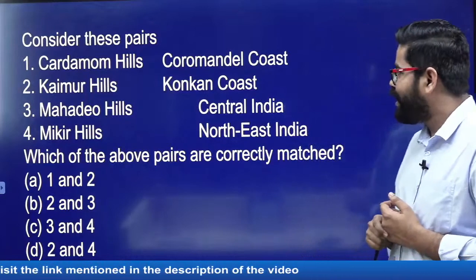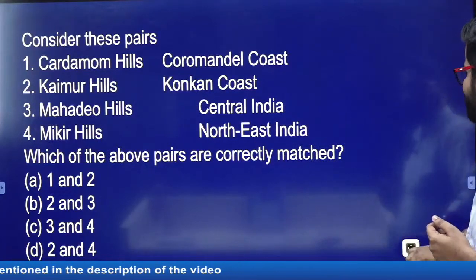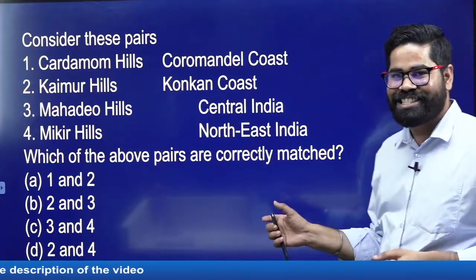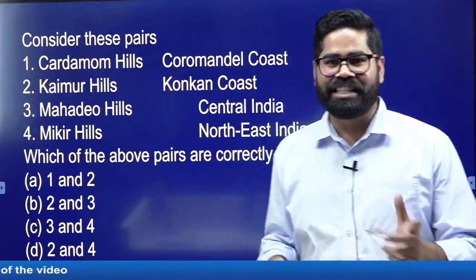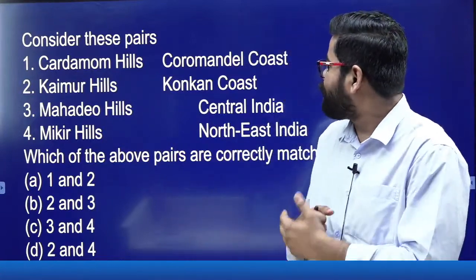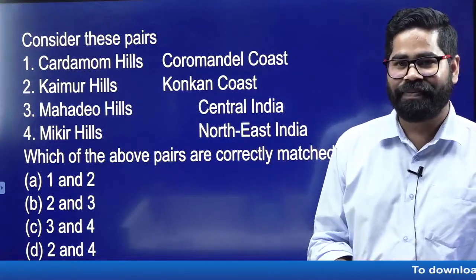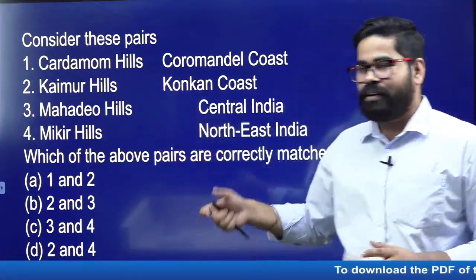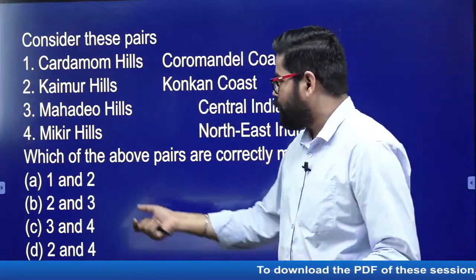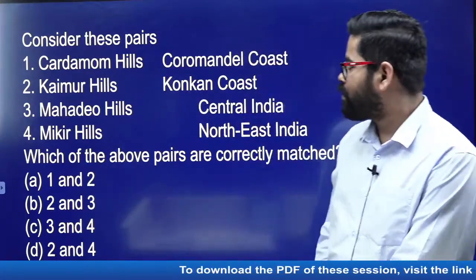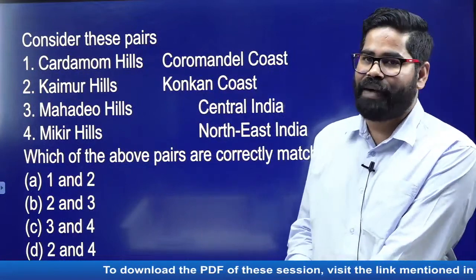You have the first option, Coromandel Coast. If you remember the map of the last slide which we were just displaying, can you tell me whether the Cardamom Hills are in Coromandel or anywhere else? Just tell me which one would be the correct one, out of these four, which are correctly matched.